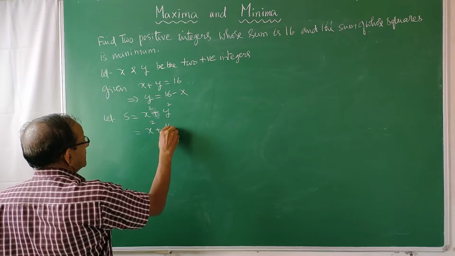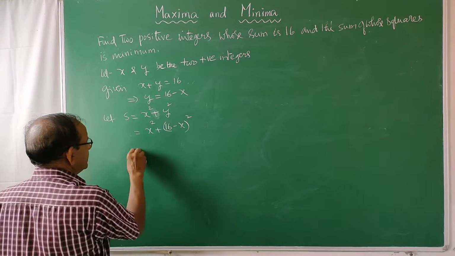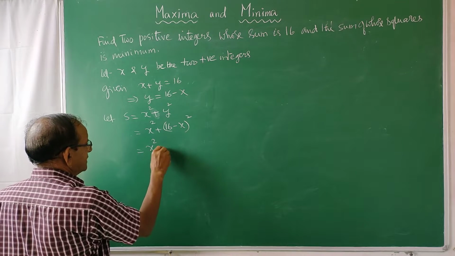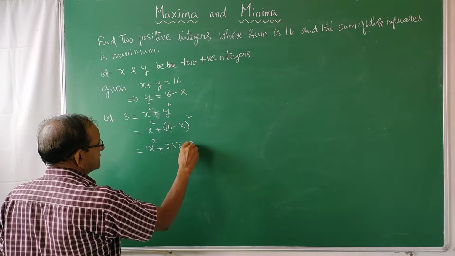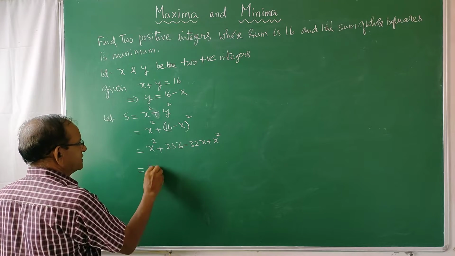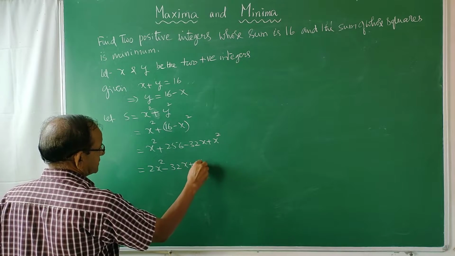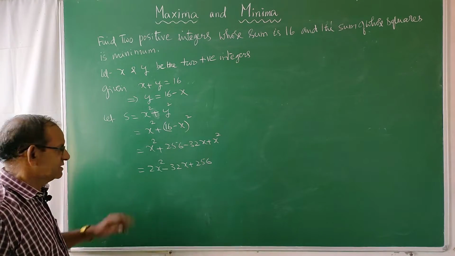X square plus 16 minus x whole square. If you expand it, x square plus 256 minus 32x plus x square, that is 2x square minus 32x plus 256. This is sum of the squares.